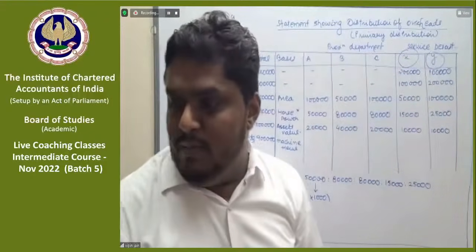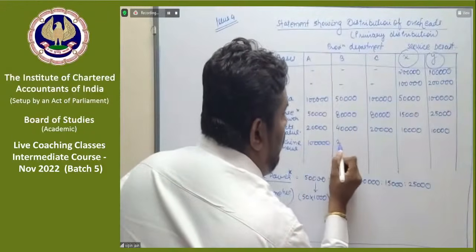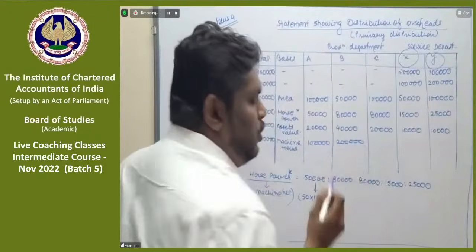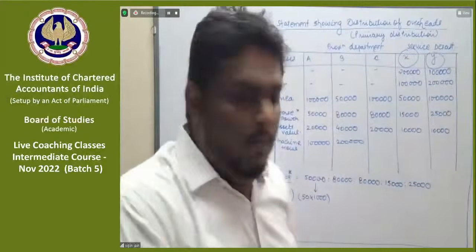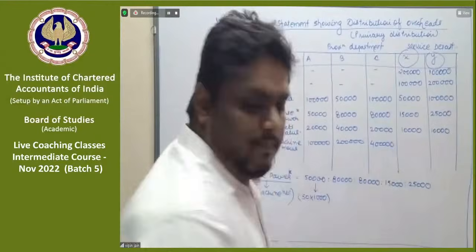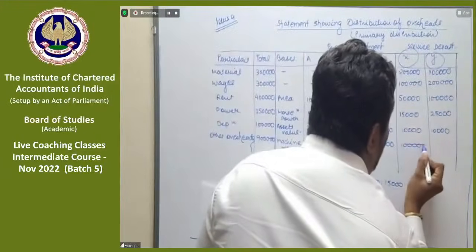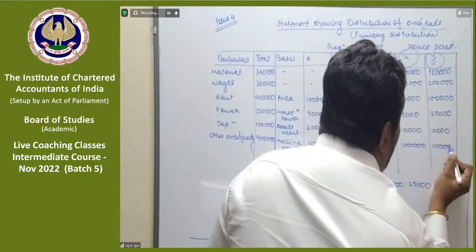So the distribution will be like 1 lakh plus 2 lakh, 4 lakh for C, 1 lakh and 1 lakh for X and Y.